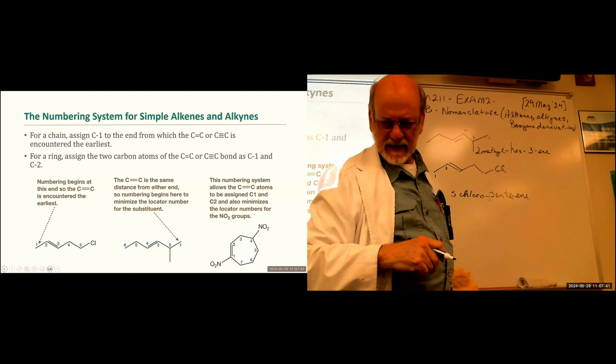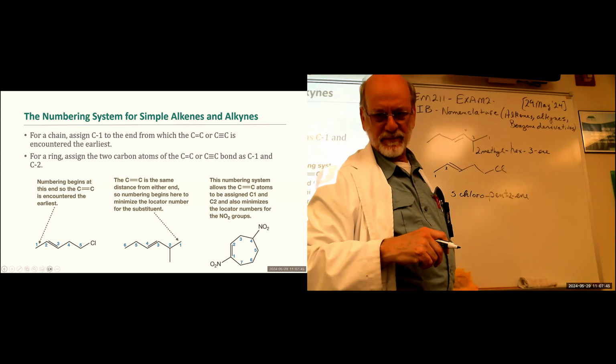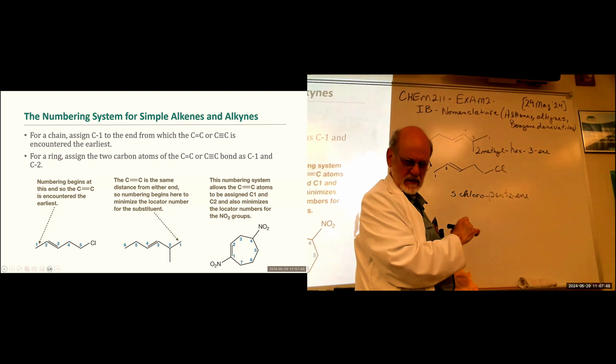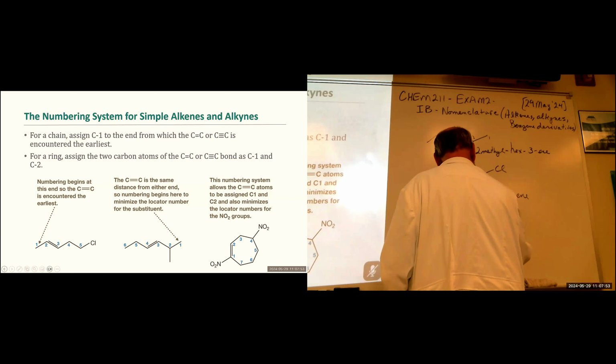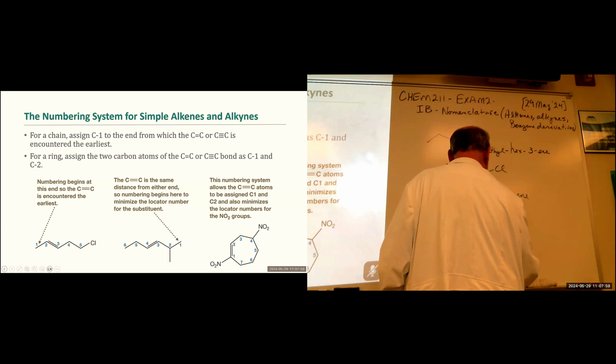Okay. Let's see. We've got a 7-membered ring. A cycloheptane is where we start. Let's see if I can draw this. 1, 2, 3, 4, 5, 6, 7.